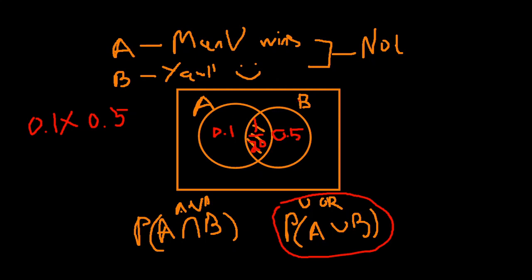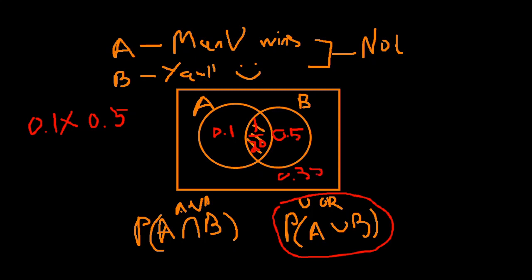And the sum of probabilities in this Venn diagram has to add up to 1. So 0.1 plus 0.5 plus 1 over 20. Right now, this all adds up to 0.65. So that means the rest of our probability space has to have a probability of 0.35.